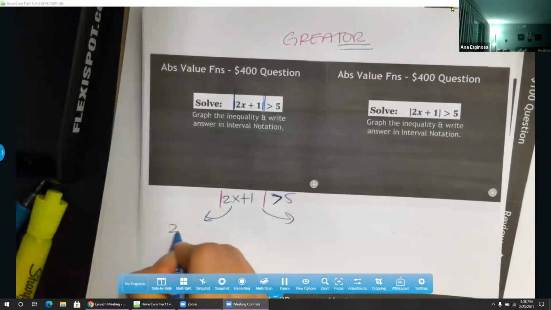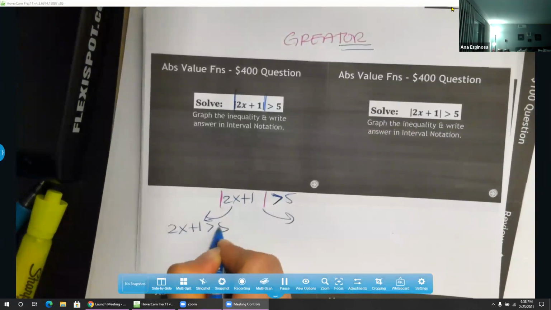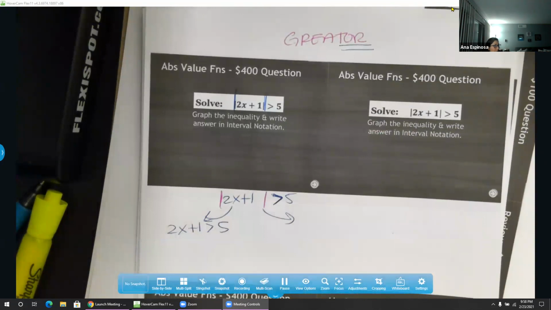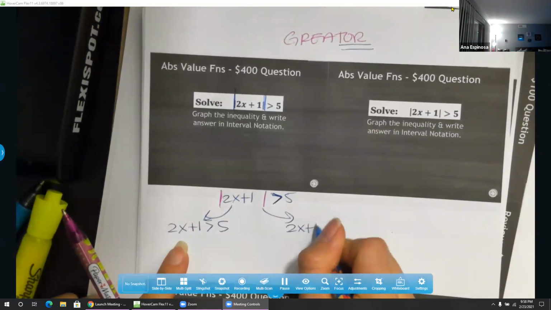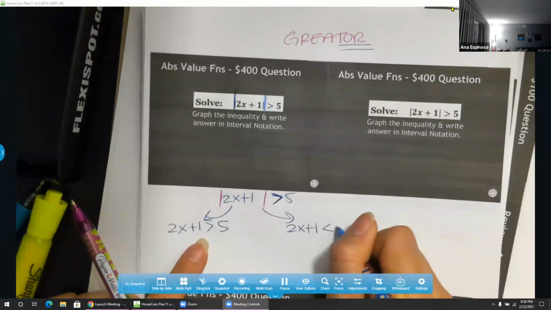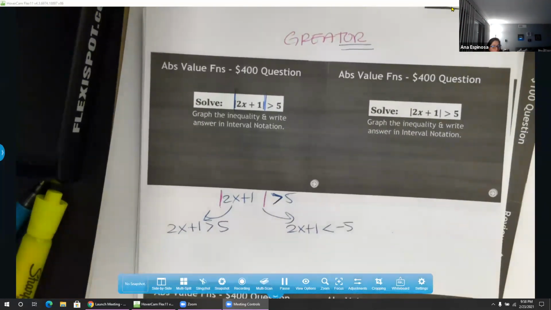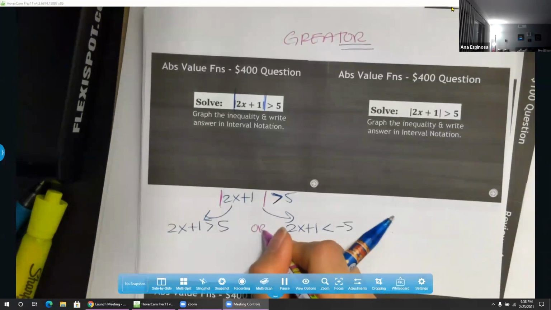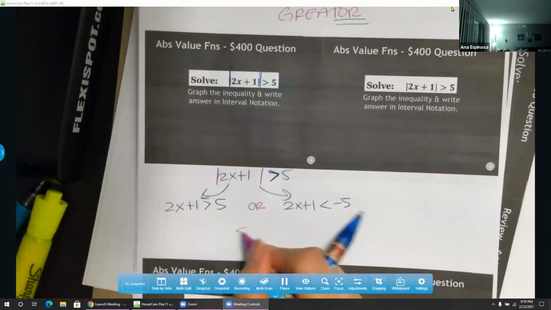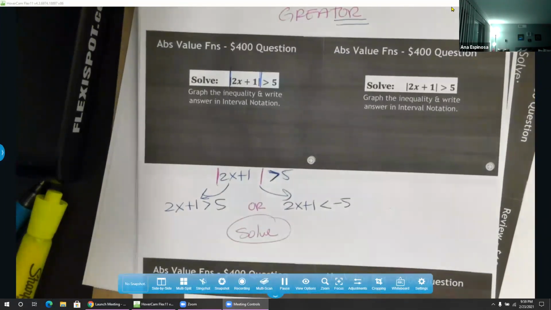So you copy and paste what you see exactly the same way. The next one, just like I told you, flip the inequality, change the sign, so nothing different. But in the middle, you're going to put an or. And you solve. You solve them separately.